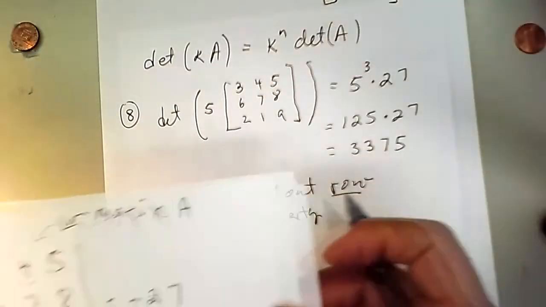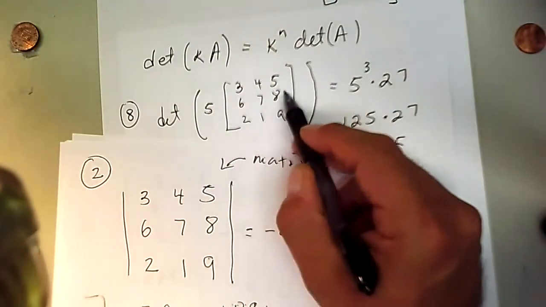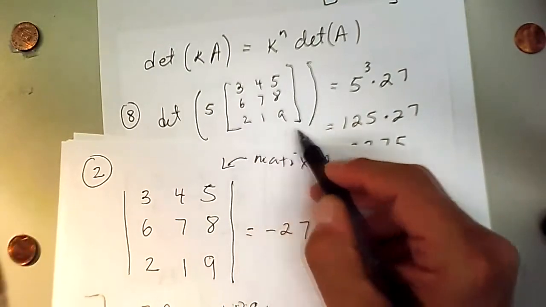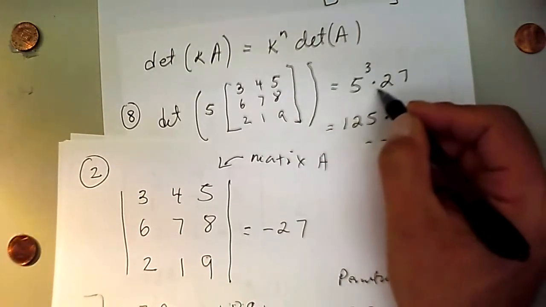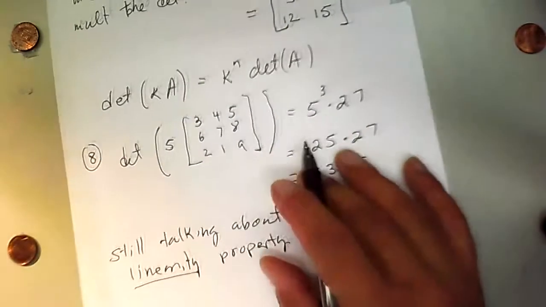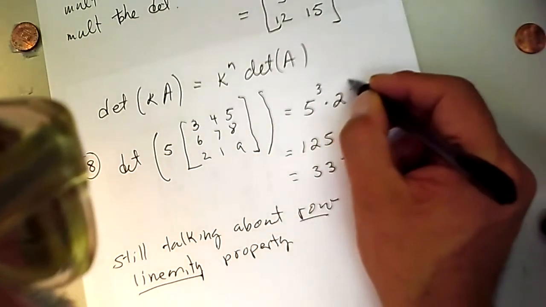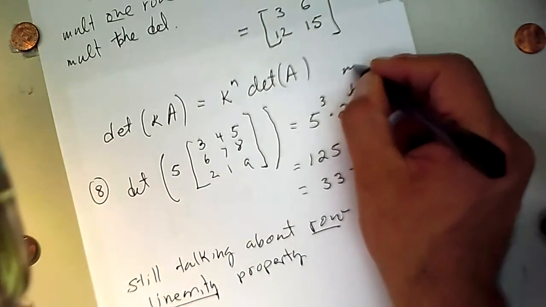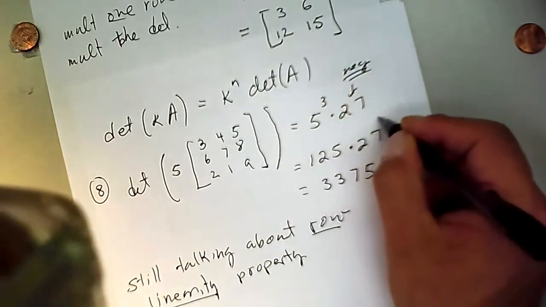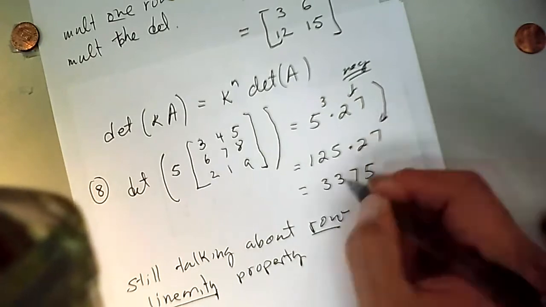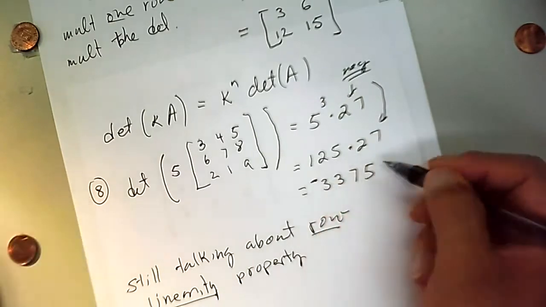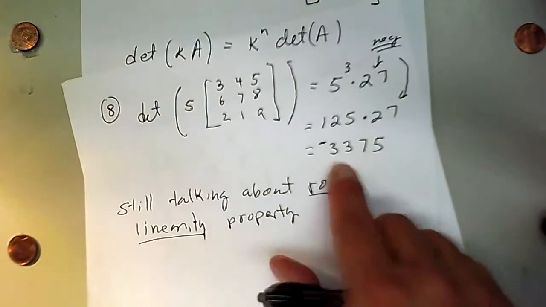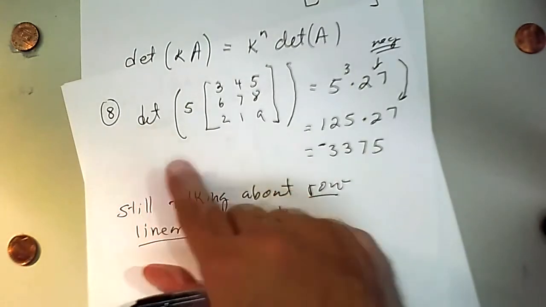In example 8, we have 3, 4, 5, 6, 7, 8, 2, 1, 9. Yep. Oh, the determinant of this is negative 27, not 27. So this should be negative, and that should be negative 3,375. Yep, sorry about that. That's example 8.